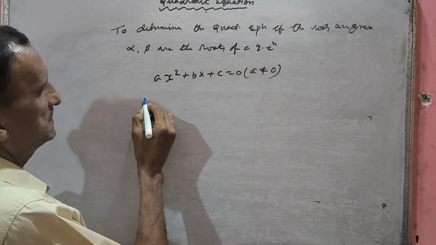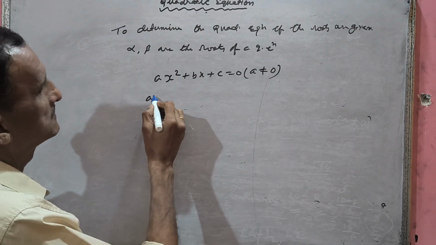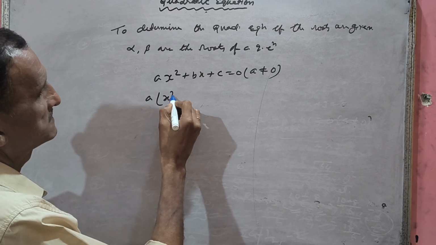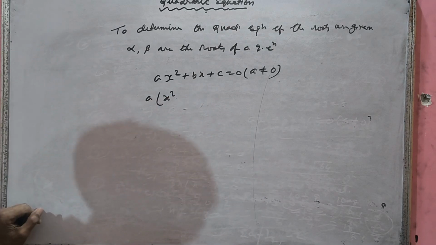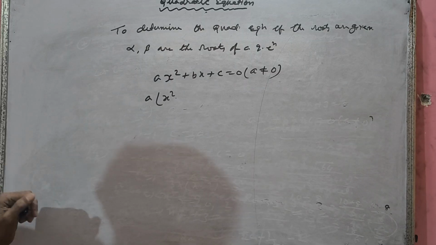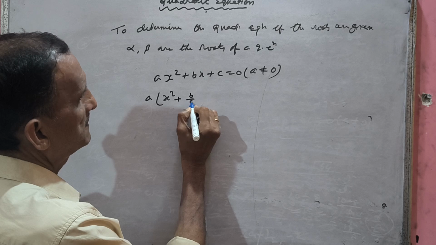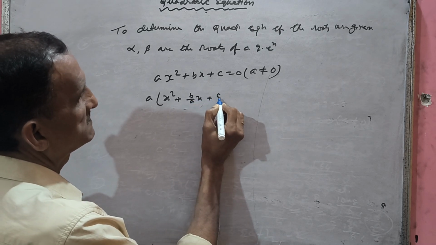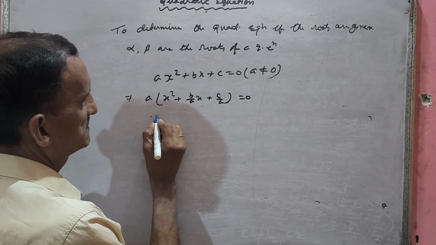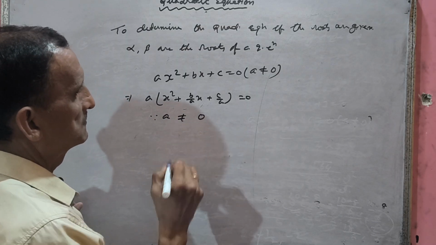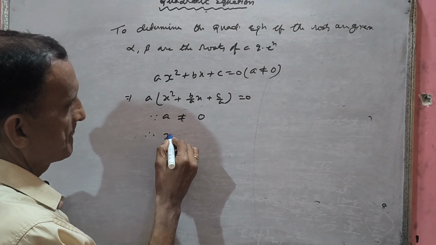Now, if you take a common here, what you will get? a into x square plus b by a into x plus c by a equal to 0. Since a is not equal to 0, what option do you have? Only this equal to 0.